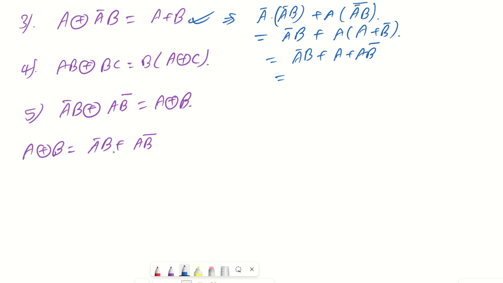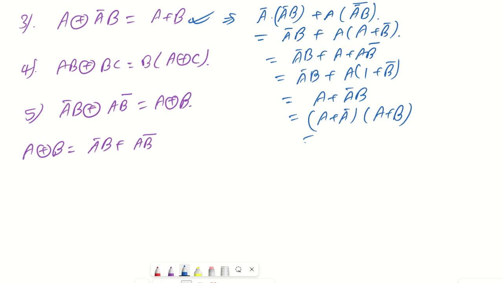If I take A common, we have A bar B plus A times 1 plus B bar, and you already know 1 plus anything is 1, so it is just A. So we get A plus A bar B, and you already know this is A plus A bar into A plus B, and A plus A bar is 1, so it is just A plus B. So as you can see, A XOR A bar B is nothing but A plus B. Understood?